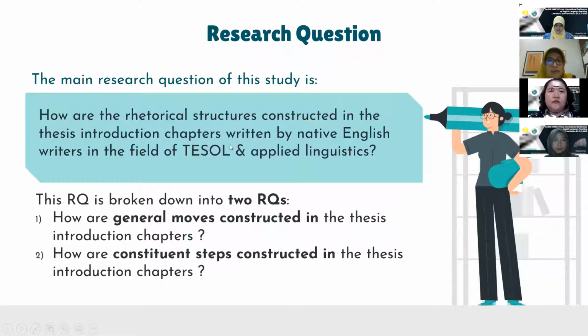Okay, so this is one of our research questions: how the rhetorical structures are constructed in the thesis introduction chapters written by native speakers of English in the field of TESOL and applied linguistics, and we will see how the moves and the steps are constructed in that part.